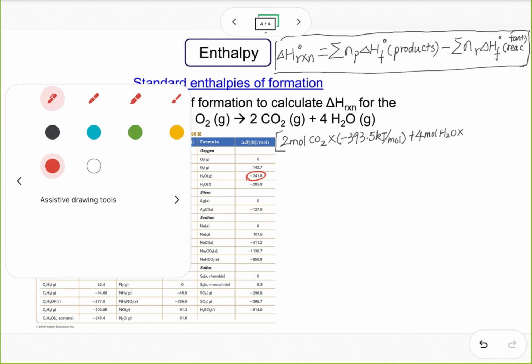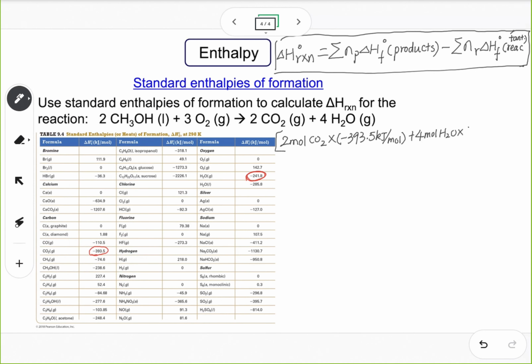Therefore, it's going to be negative 241.8 kilojoule per mole. All right, this is the first part.